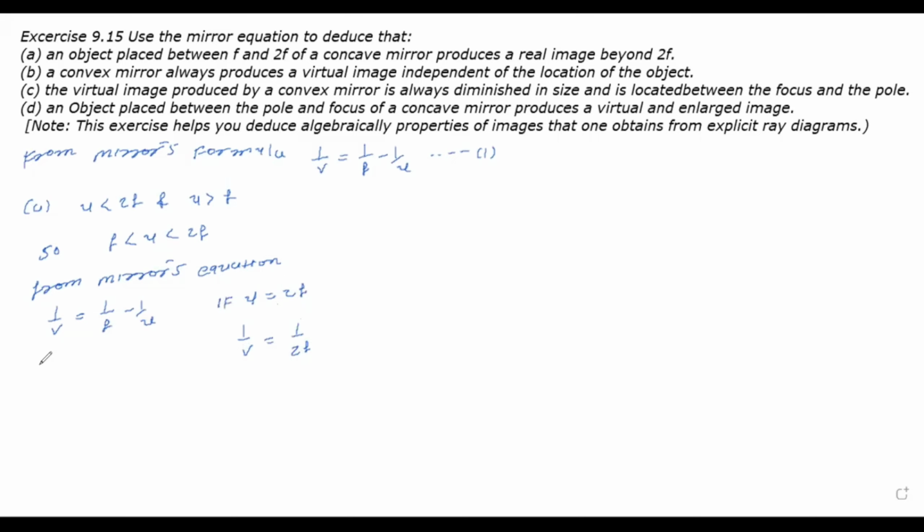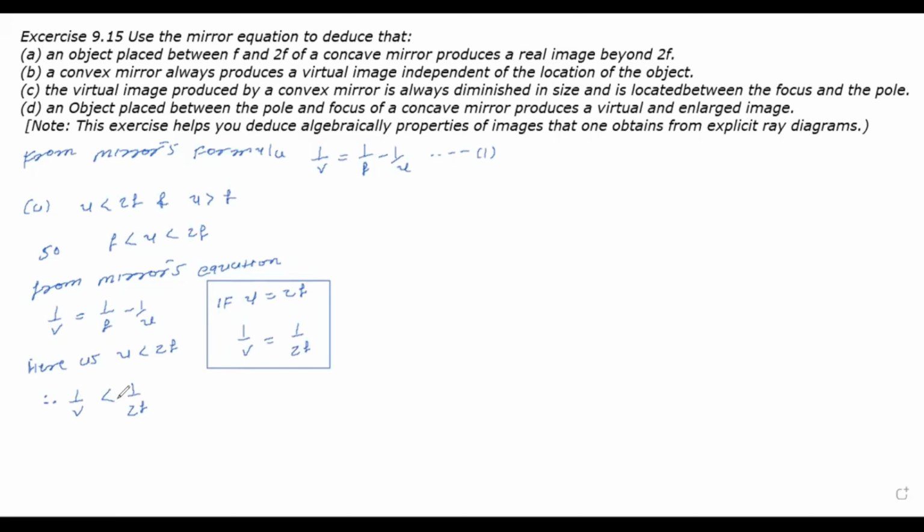As u is less than 2f, therefore I can say 1 over v is less than 1 over 2f. This box is just for understanding, no need to write this in the exam.